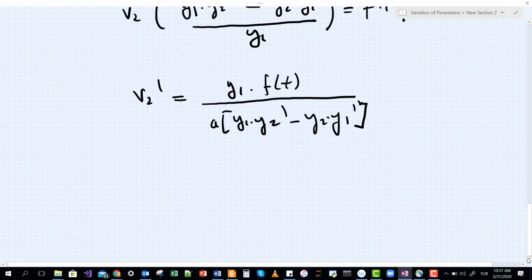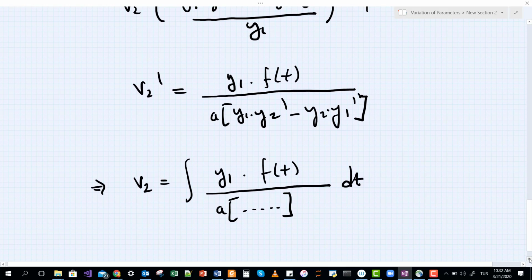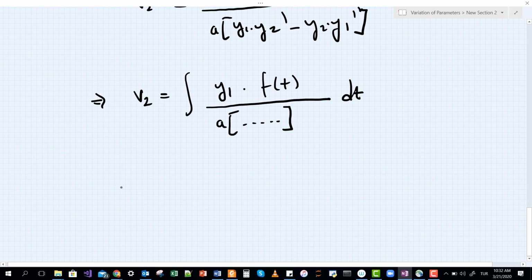Okay, did you see that? I found what v2 prime is, and to be able to find v2, you can just integrate what you have here. So v2 is going to be equal to the integral of y1 times f of t over a times whatever you have inside the parentheses, dt. So that's great. I found a way to figure out what v2 is.